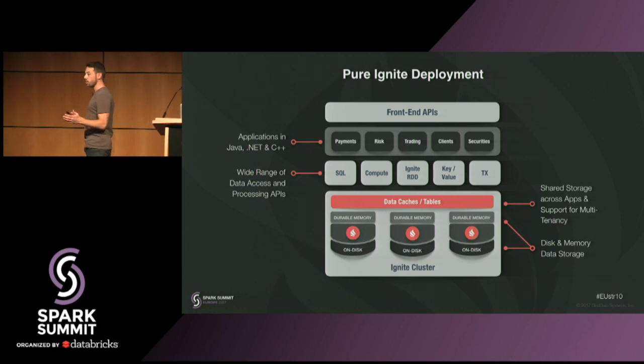So there's shared state or shared data across your applications that you can deploy. You can create multi-tenancy by segregating different cluster groups, still running within the same cluster, but separating them out. And of course, this is compatible and we can run whether in .NET, C++, or Java.